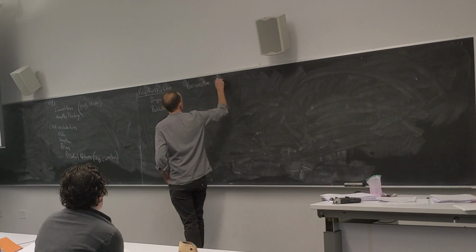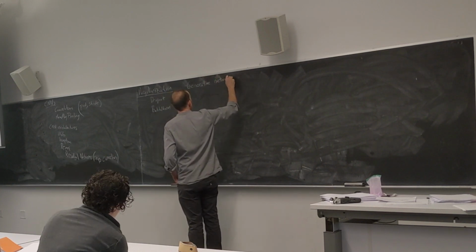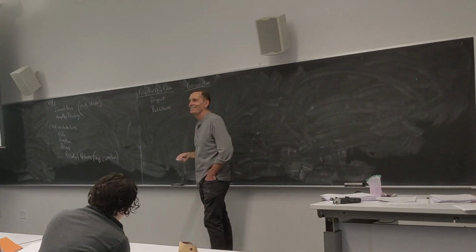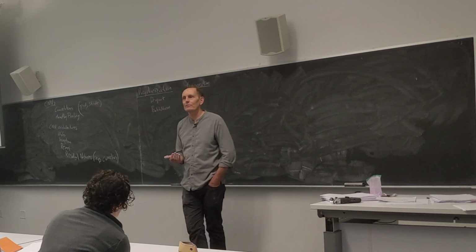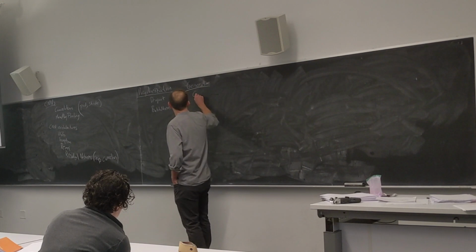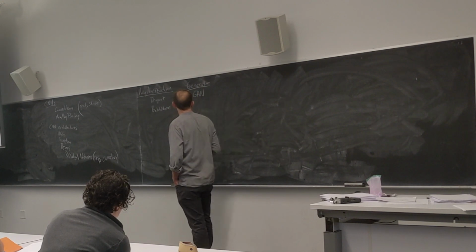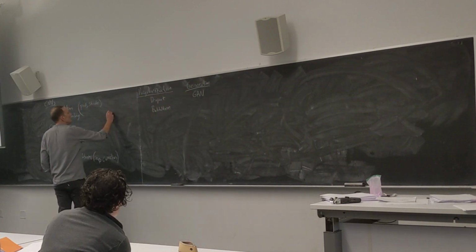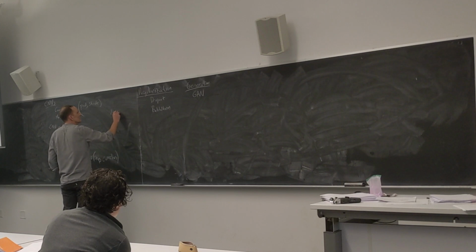And then we've talked about generative networks. Examples of the generative would include the GAN. And then we also had visualization.